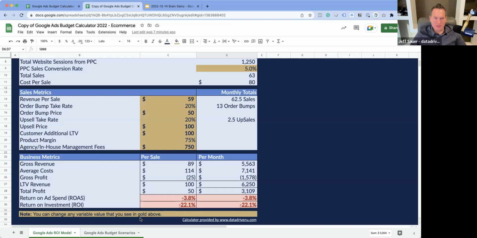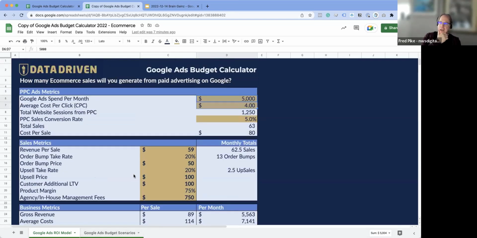So anybody have any other questions on this, or want to see me do some modifications or changes? So Jeff, this would be for a new campaign, but if you have an existing one and they're spending 5K and they're wondering, should we spend 10 or 15? I mean, you could use real numbers, right? Your real cost per click and your real conversion rate, and then expand out.